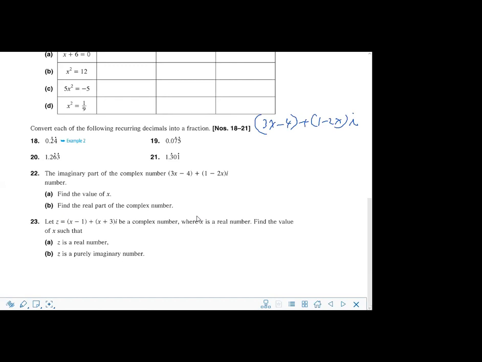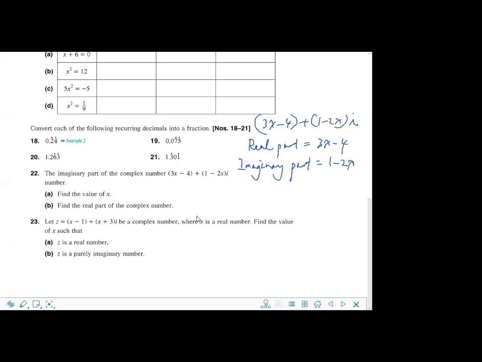Okay, the real part is the no I part, 3x minus 4. And then the imaginary part is 1 minus 2x. Okay, the imaginary part is the number multiplying the I, including the positive or negative sign.